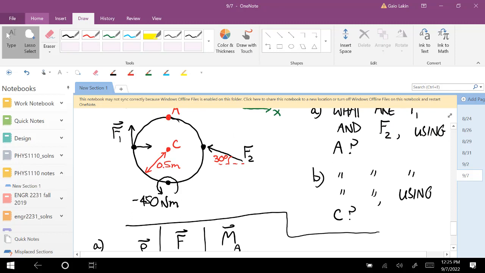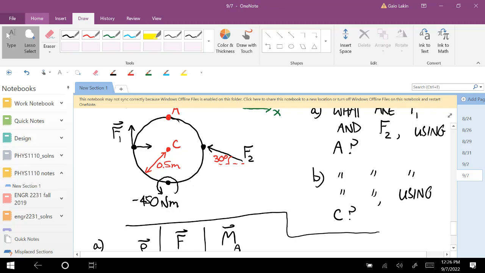Okay, and now that force vector. So how are we going to come up with a force vector that's in that direction with a magnitude of F2? F2 times cosine theta, F2 times sine of theta.